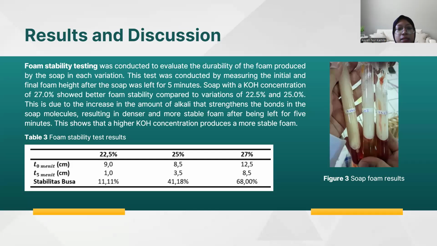And from the stability tests carried out to evaluate the durability of the foam produced by soap at each variation. The test is carried out by measuring the height of the initial and final foam after the soap is left on for 5 minutes. Soap with a concentration of 27% potassium hydroxide showed better foam stability compared to the 22.5% and 25% variations, shown by Table 3.